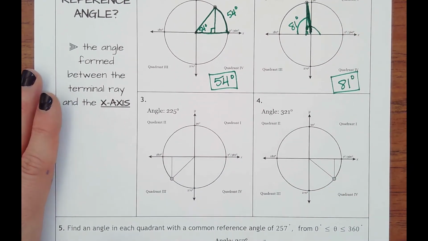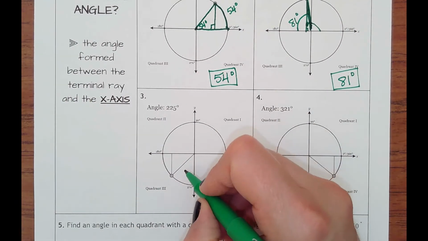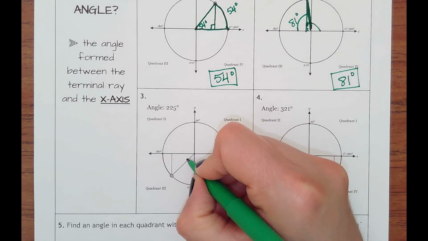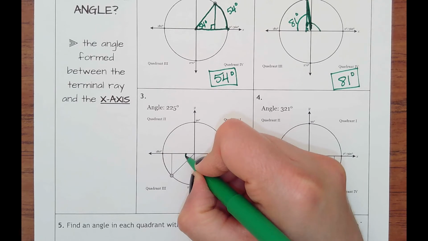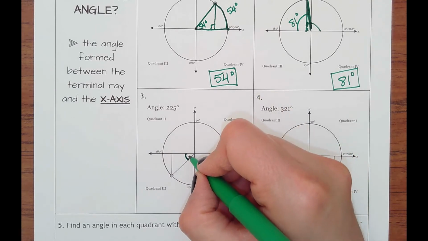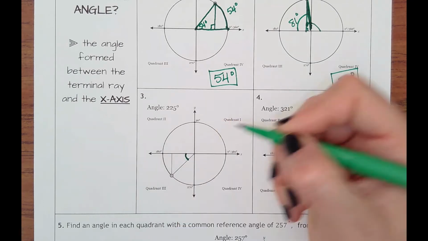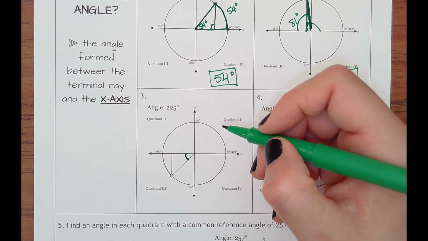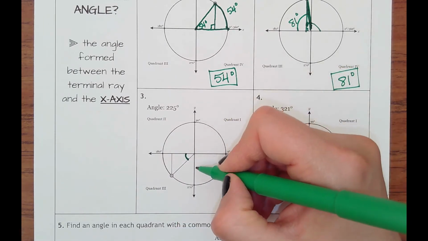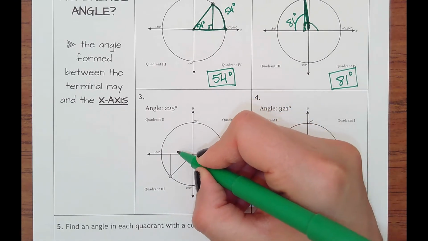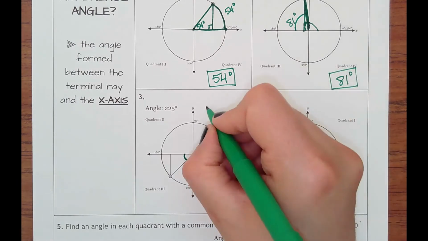Number 3, we have an angle ending in quadrant 3, which is 225 degrees around. But they're just wanting the angle here. So what is this angle? How far is it away from 180? And so we would want to say that it is, let's see, 225 minus 180.